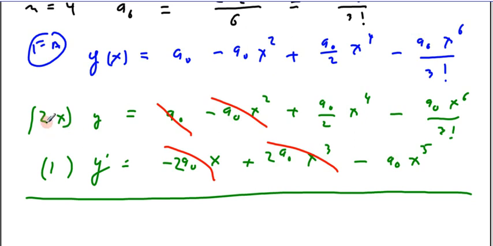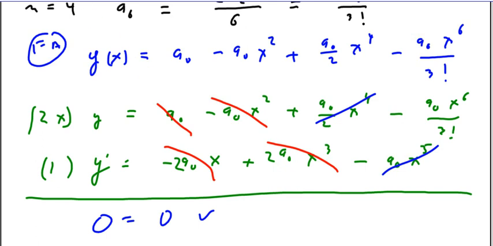I've got x to the 5th, a0x to the 5th, a0x to the 5th, so I'm supposed to have 0. I have 0. I have something hanging out there, but in order to get rid of it, I'd have to get the other term. So it looks like I got the problem right. So that's the cool part.